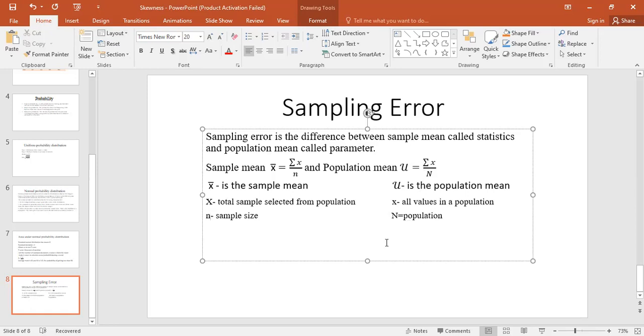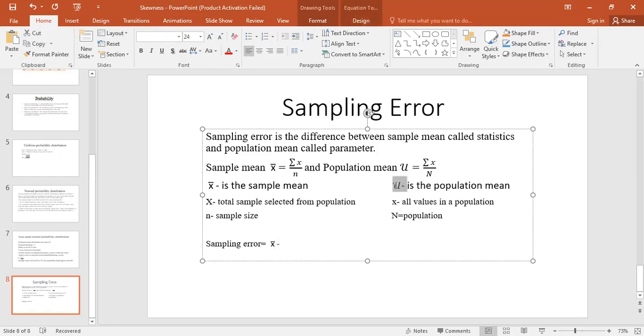And the difference of x bar, sampling error equals x bar minus mu.